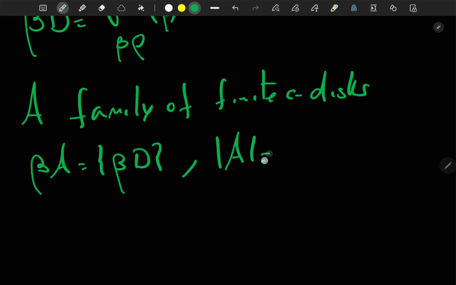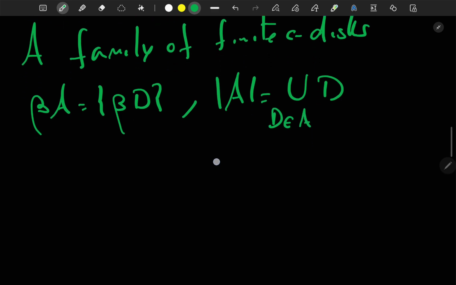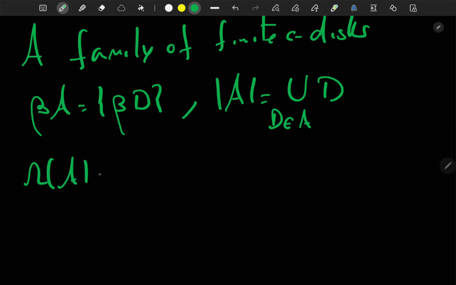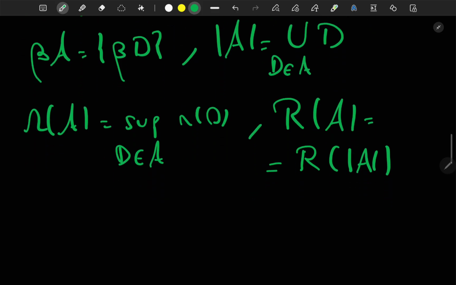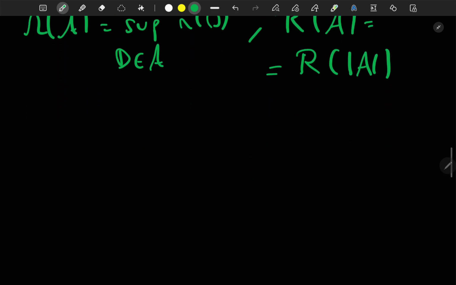The norm of A will be the union of the disks in A. The radius of A will be the maximum of the radius of each disk, and capital R of A, the recurrence of A, will be the function R applied on the union of the disks. Okay. So these are the basic definitions.